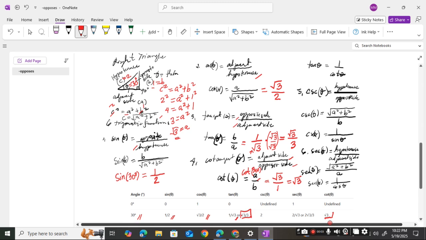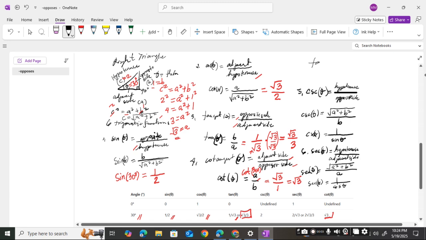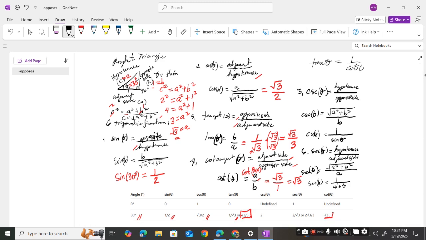Now, there's a twist to this. You have noticed that our tangent is simply b over a, and our cotangent is a over b. Therefore, we can say that tangent theta is the reciprocal of cotangent theta. They are the reciprocal of each other.